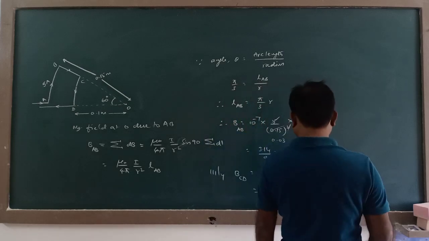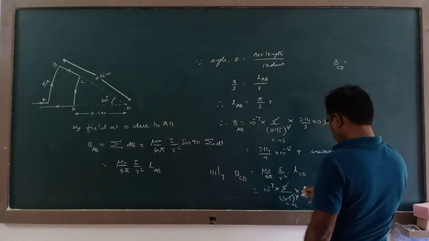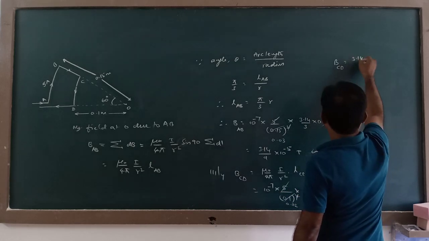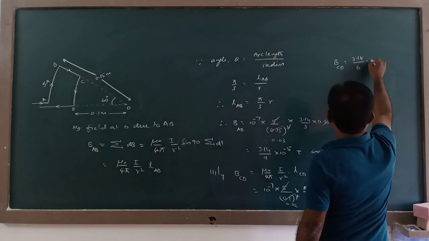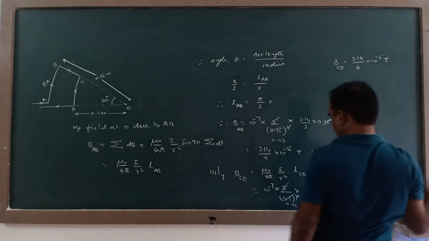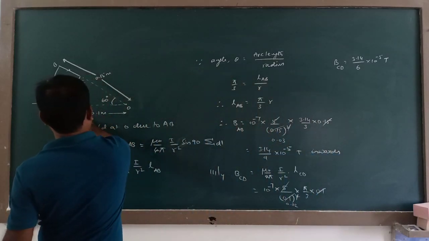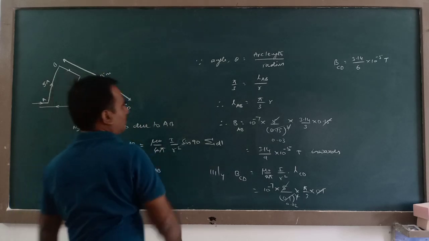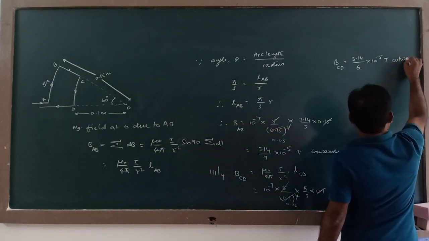So you will get B_CD. In the numerator you have pi, 3.14, and here it is 6, 10 to the power of minus 5 Tesla. In which direction? This current is anti-clockwise. That means towards the observer, or outwards.